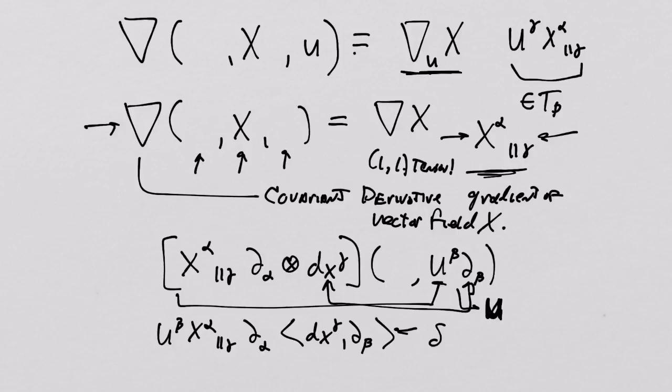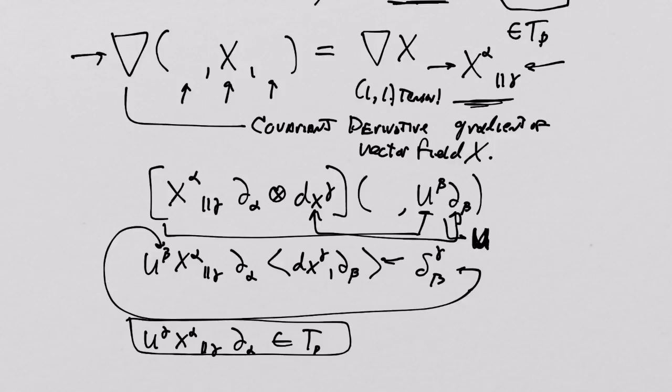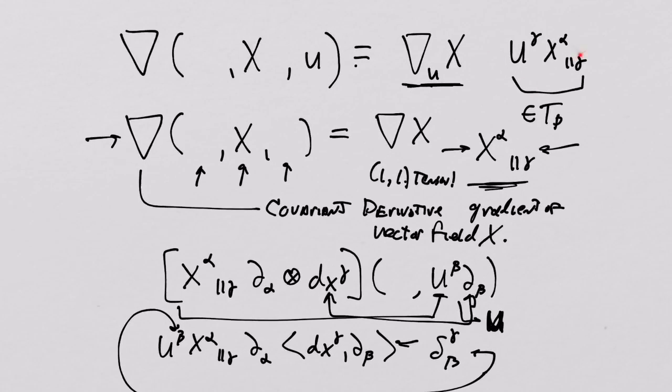But this thing, of course, is the delta function δ^γ_β, and that delta function then forces this β to become a γ, so you end up with u^γ x^α_γ ∂_α, which is a vector and an element of the tangent space at P. So that's just in case you forgot how we end up with this.